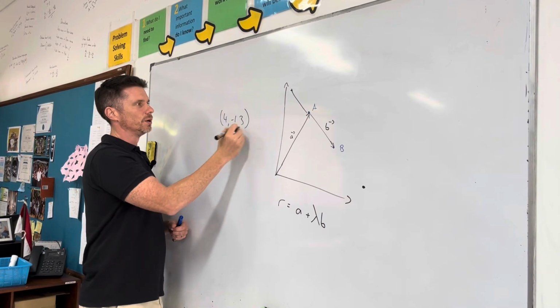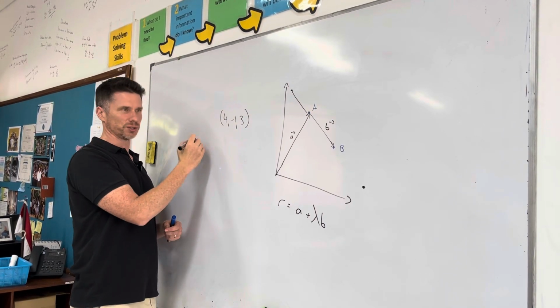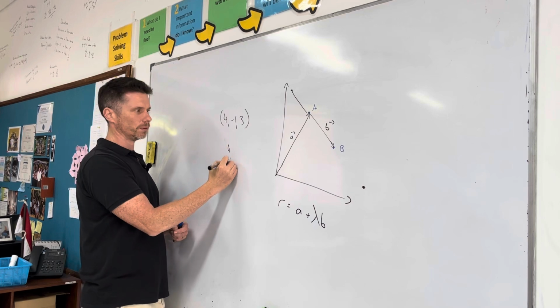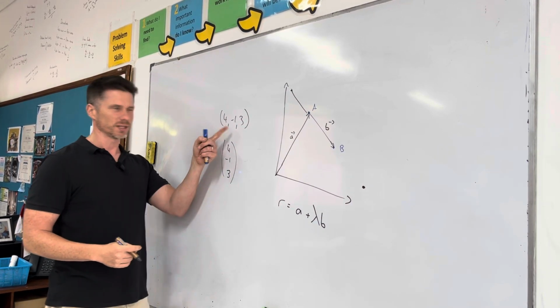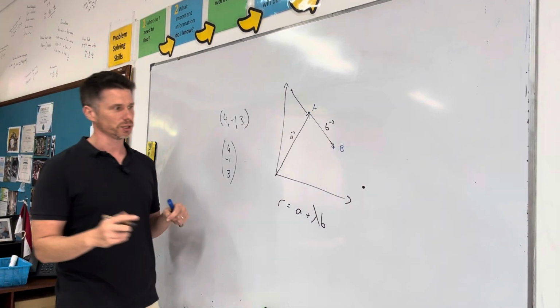What's its vector to 0, 0? It's 4 minus 1, 3, its distance. To turn it into a vector, you can think of it as a point or a position.